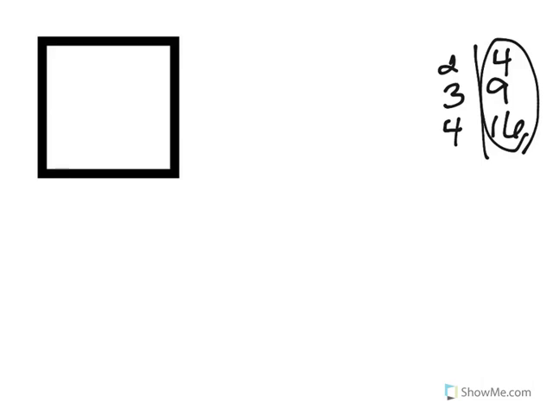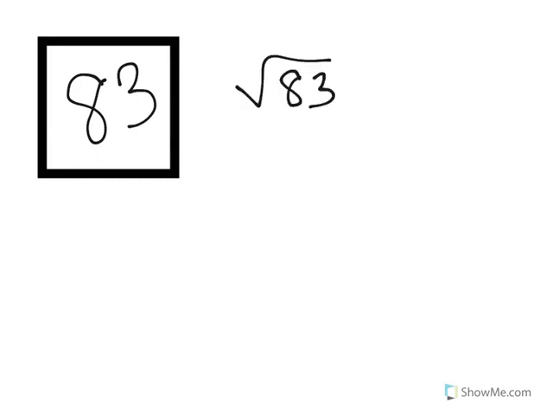But what if you run into something that asks you for an imperfect square? For example, let's say the area of your square is 83. So we're looking for the square root of 83. We're trying to figure out what that side length is. What is the side length if your area is 83?